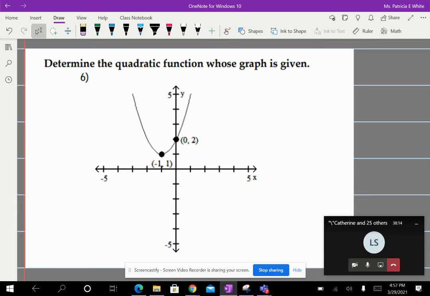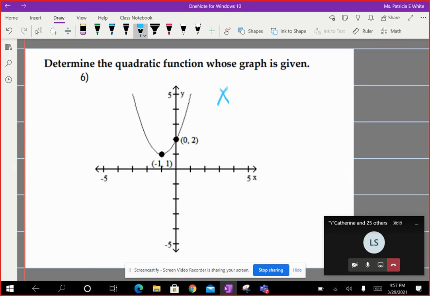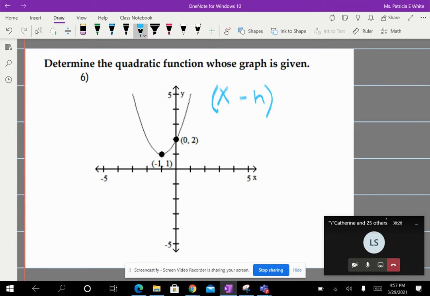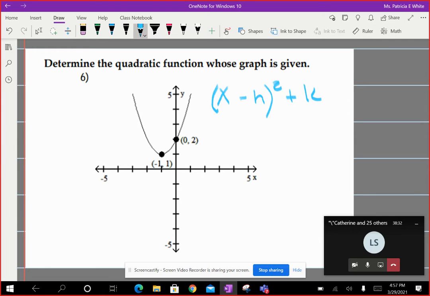If I'm looking at my vertex, I've got x minus h. I'm not going to be able to use this. Dadgummit. Squared plus k, right? And h and k are my vertex.